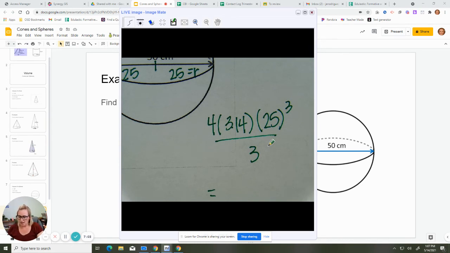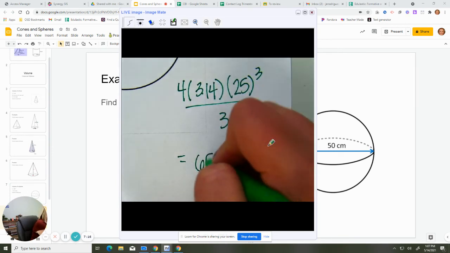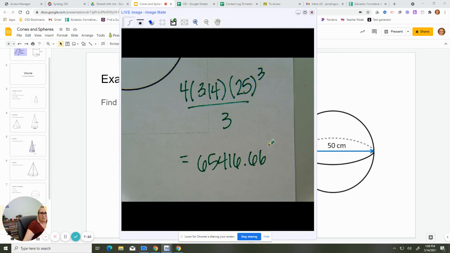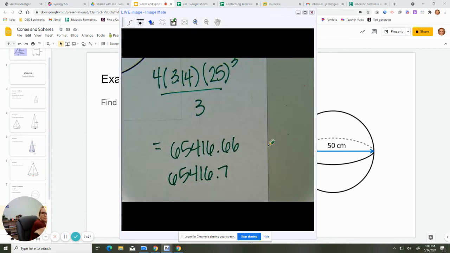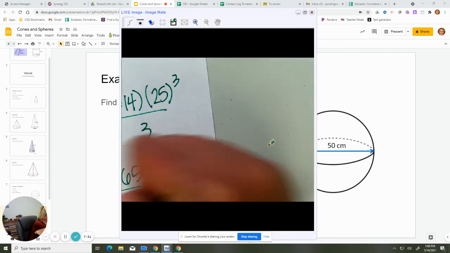So I took 4 times 3.14 times 25 to the third power and divided it by 3, and you get 65,416.66. So if we were rounding this to the nearest tenth, we would round this to a 0.7, and we are in centimeters, so centimeters cubed.